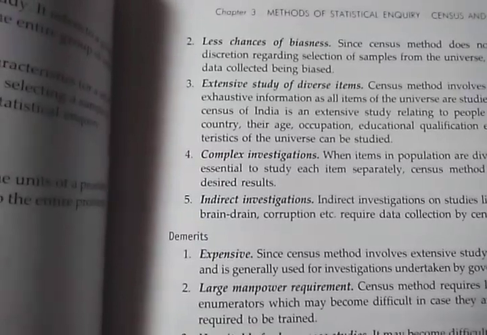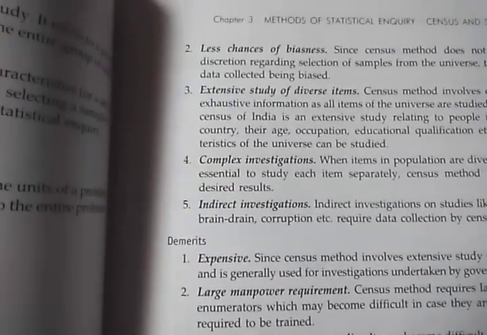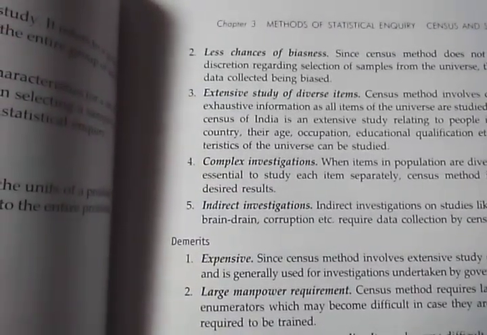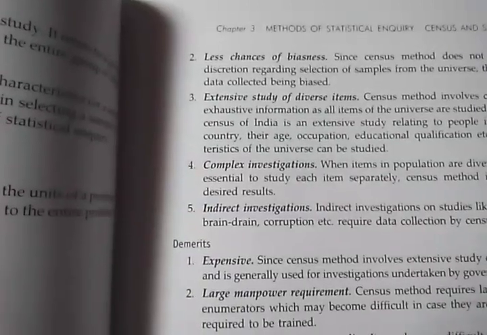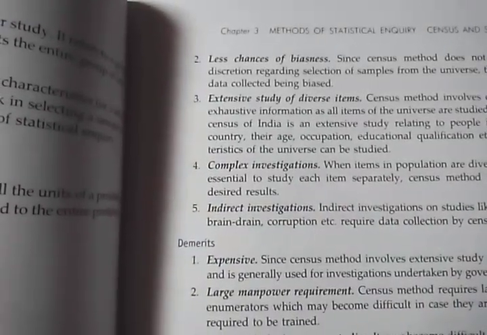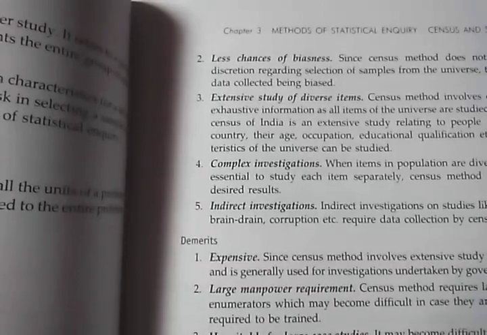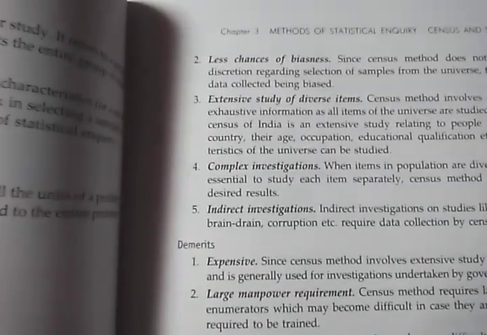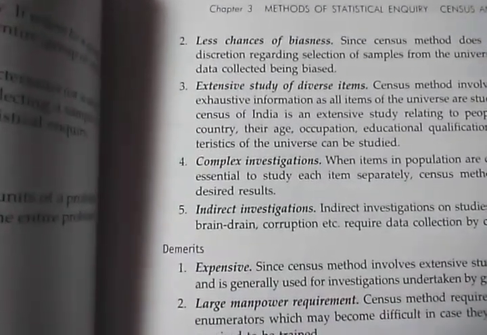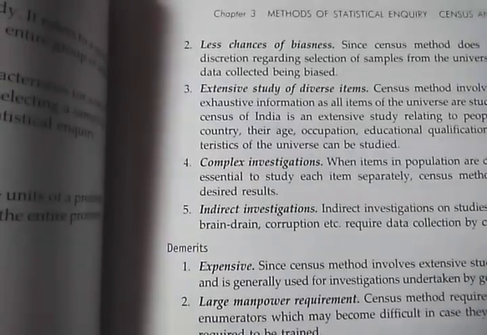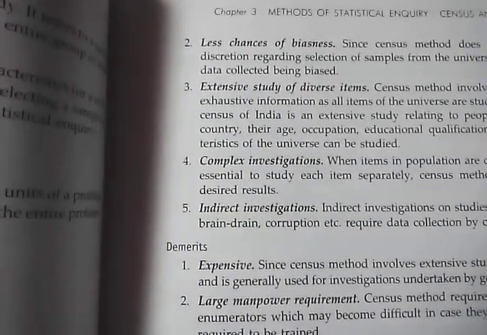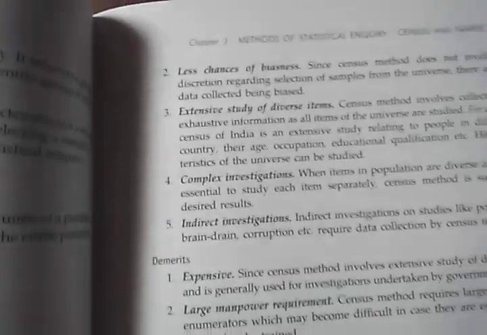Fourth, complex investigation. Sometimes in the sampling method it is not possible to go to the field, but in the census method, whoever collects the data has to go to the field and take all the data. That's why it is called extensive study. Complex investigation and indirect investigation, and these are the other features.